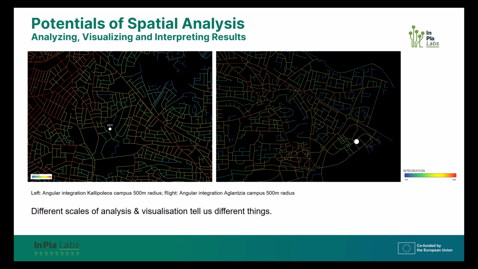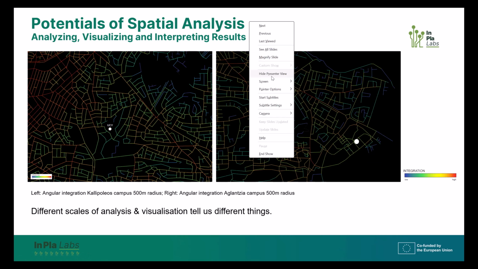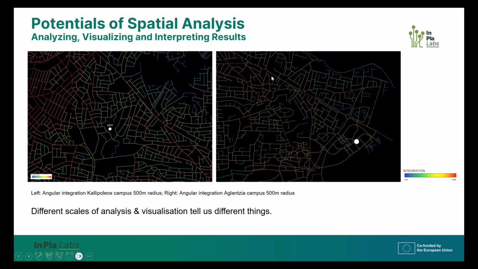On the left, we have the city center Kallipoleos campus. Can someone say one similarity and one difference between these two maps?